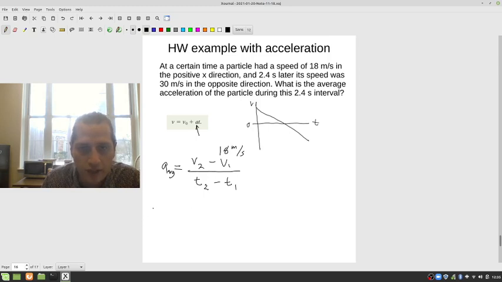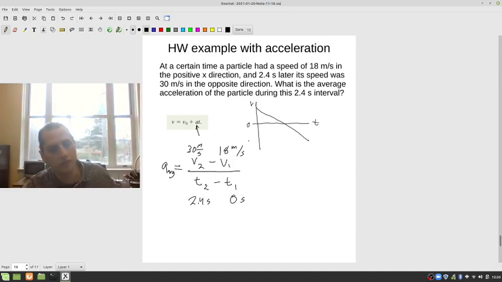And 2.4 seconds later, its speed was 30 meters per second. What is the average acceleration of the particle during this 2.4 second interval? So then I would put in 2.4 seconds here and 0 seconds there.